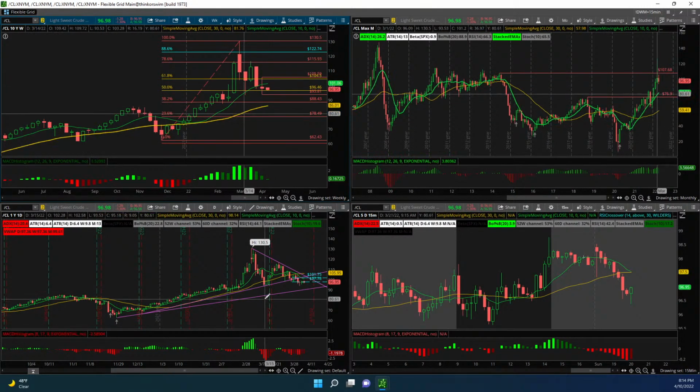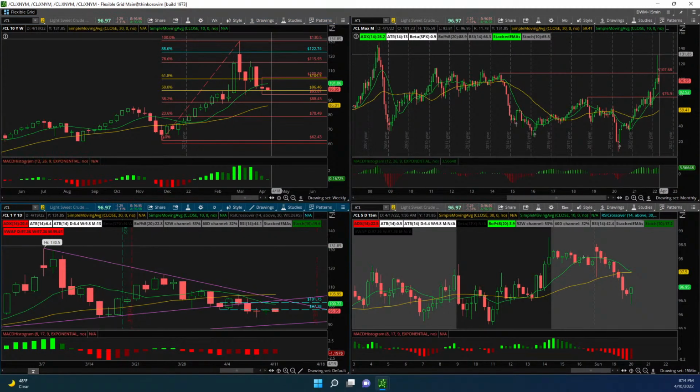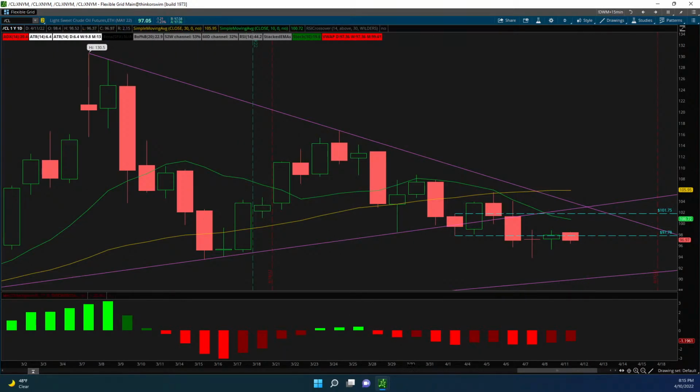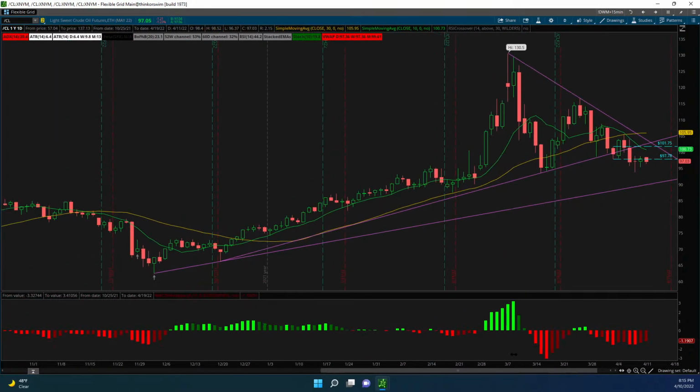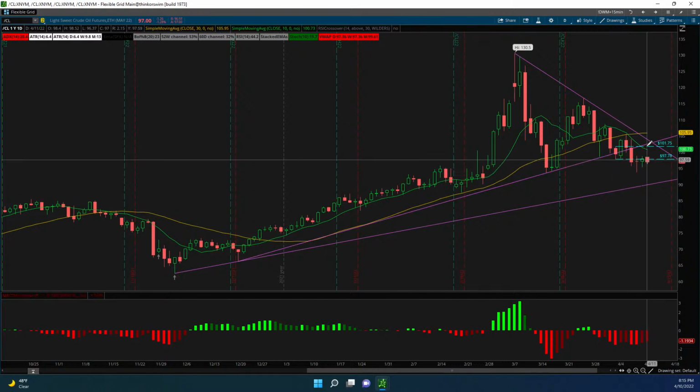In the daily chart, I have a couple of interesting things I wanted to mention. Let me expand this a little bit. This is the first day of the month. I always mark the range of that first day because it gives me a bias on whether the market is going to move lower or higher.